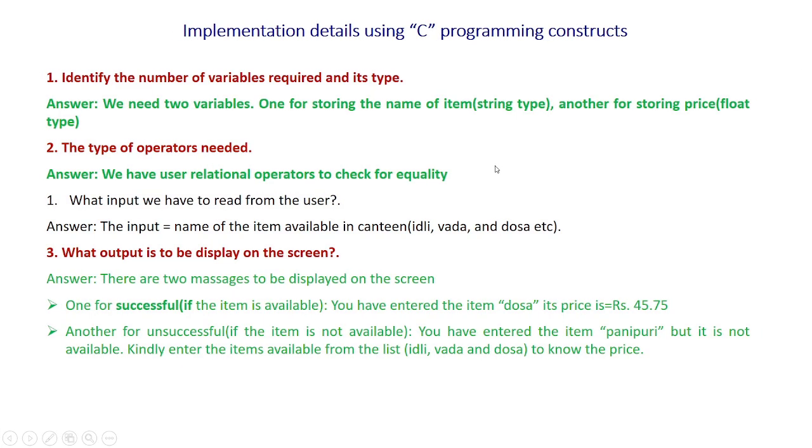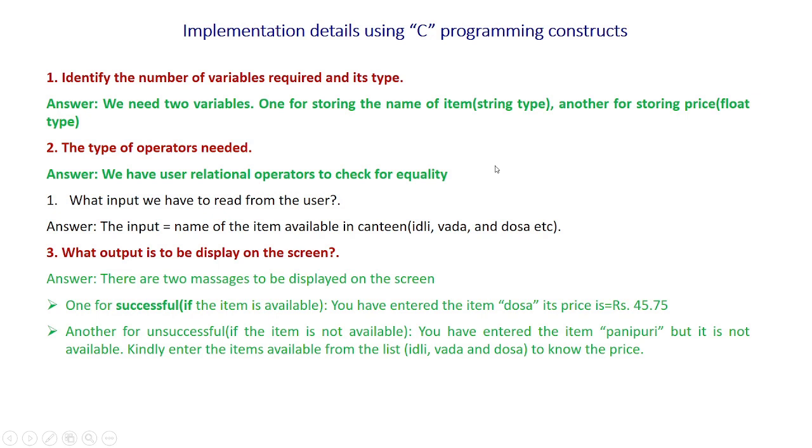The name of the item is of type string because the system will accept the input from the user in the form of a string, with the name of the idli, the name of the vada, and dosa. So these values are a sequence of characters. The type of the data is string, and the price is of type floating point numbers.